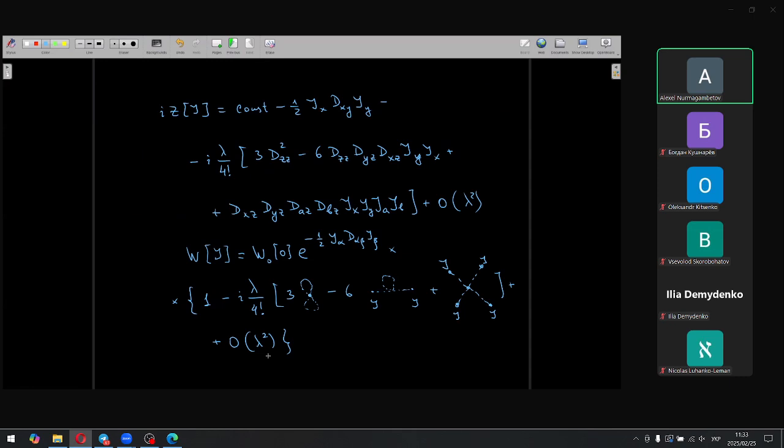And now we can renormalize, in fact, W0 depending on zero sources on this diagram, on the two-bubble diagram.